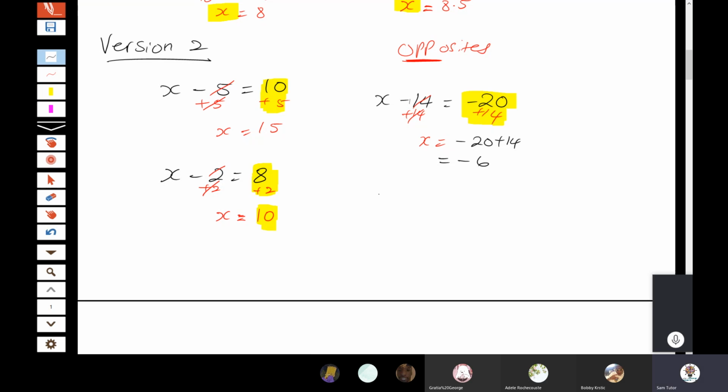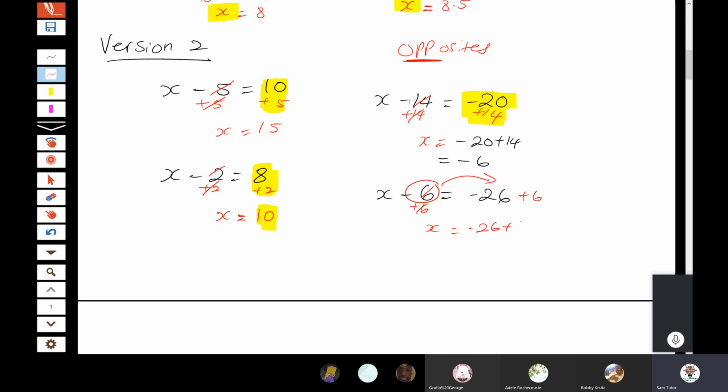Let's do another one. X minus 6 equals negative 26. Gracia, what do you do to both sides? You have to add 6. Yep. Or in other words, you can move this minus 6 over here and it becomes plus 6. It's up to you guys what you decide to pick. X equals 32. Wrong.